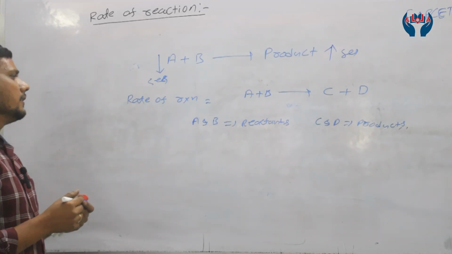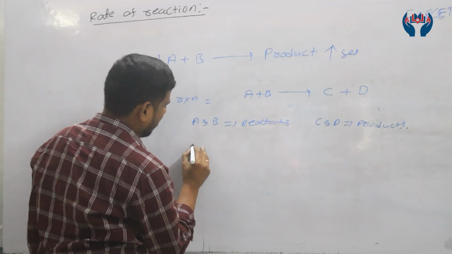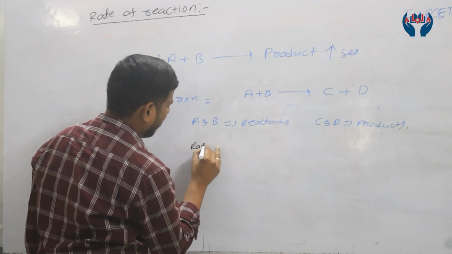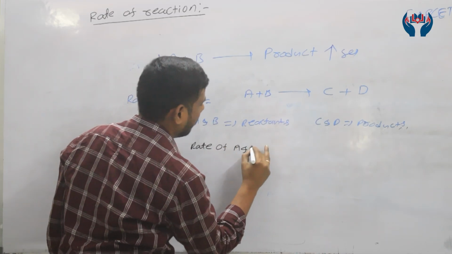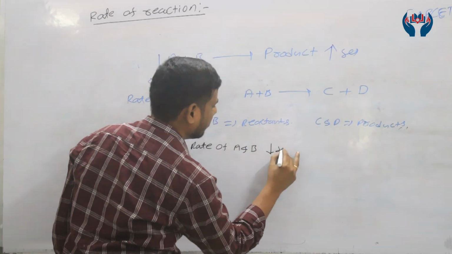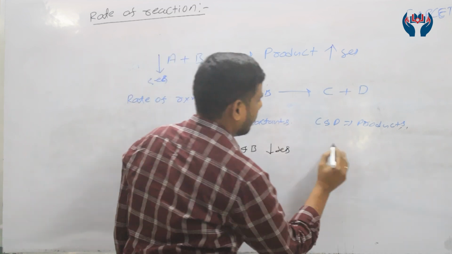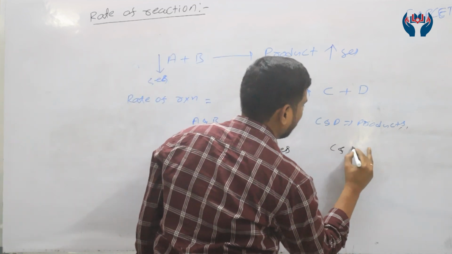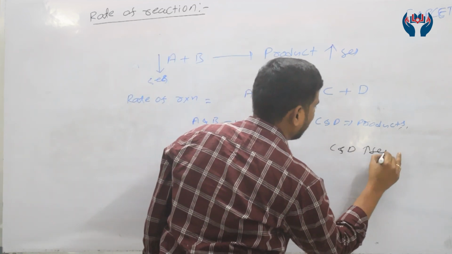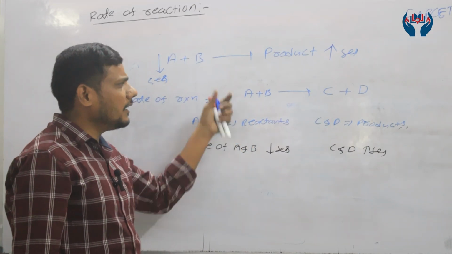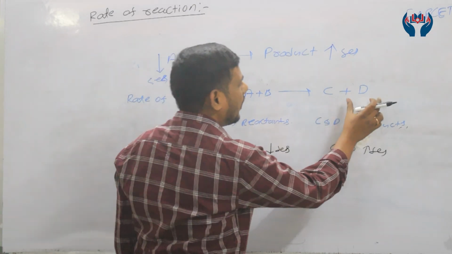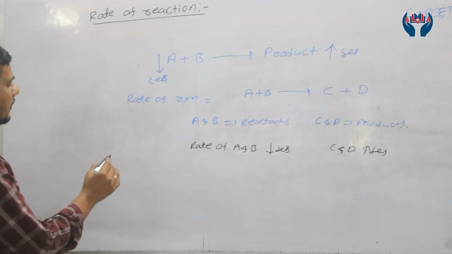In this reaction, the concentration of reactants A and B decreases, and C and D increases. It means the reactant concentration decreases and product concentration increases.